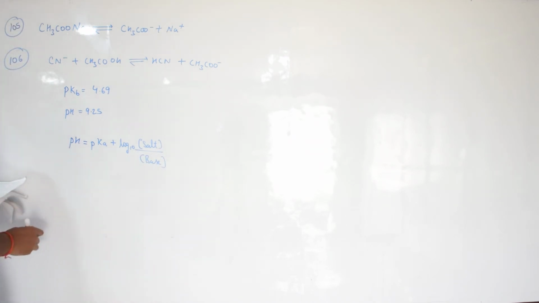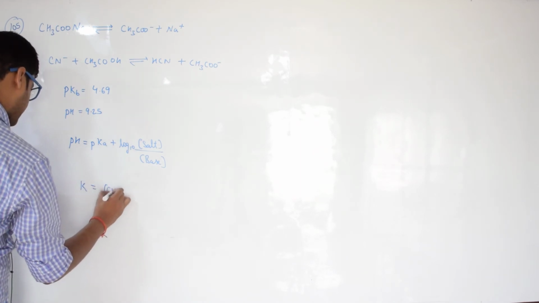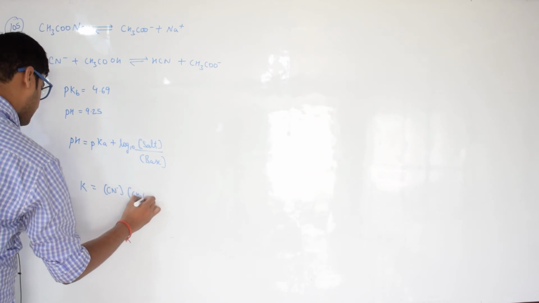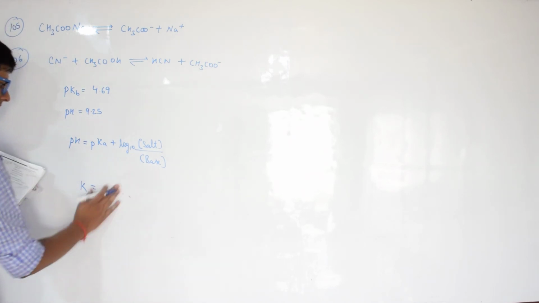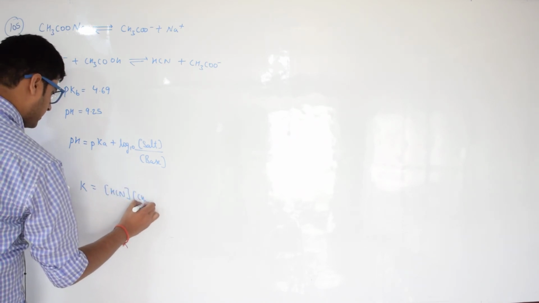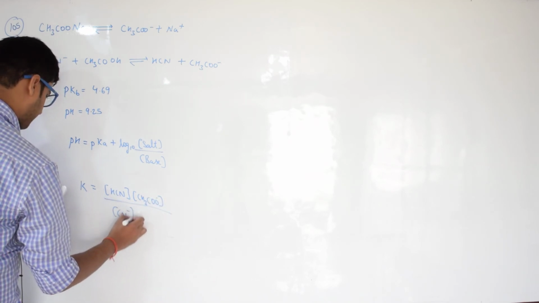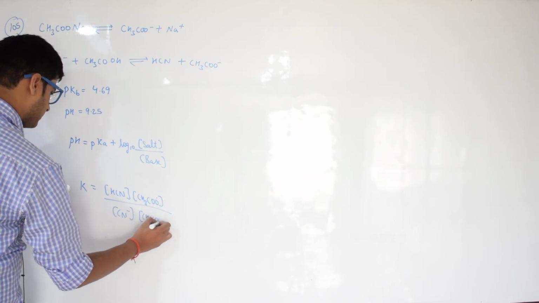And on solving, we will get these values. As we are given the value of pH, we can calculate the value of salt. And the value of K is concentration of cyanide ion, concentration of acetic acid, concentration of HCN, concentration of acetate ion upon concentration of cyanide ion, concentration of acetic acid.